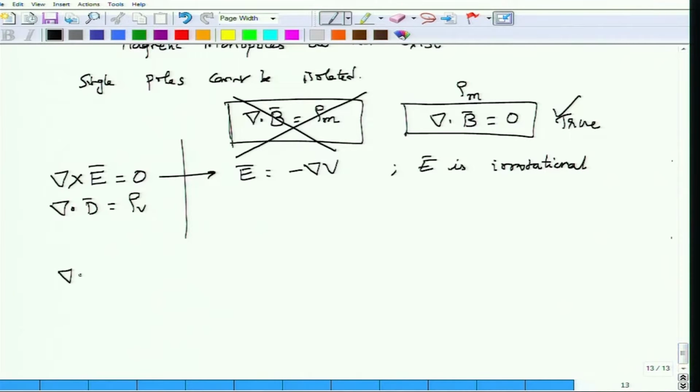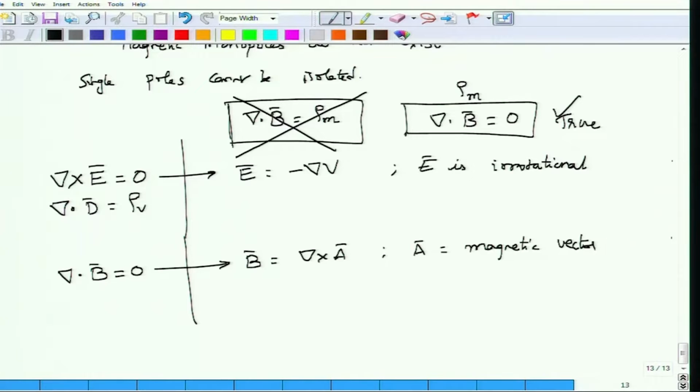For the magnetic fields, we have del dot B equal to 0, which actually allows us to write B as curl of some other quantity A, and this quantity A is called magnetic, or sometimes magnetic is dropped, but we will keep that one, magnetic vector potential.